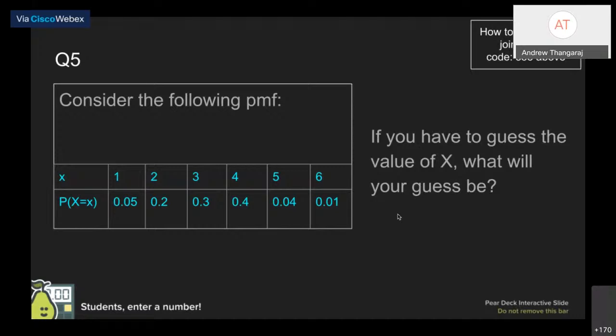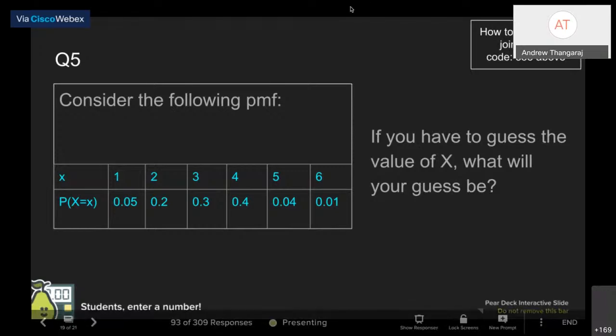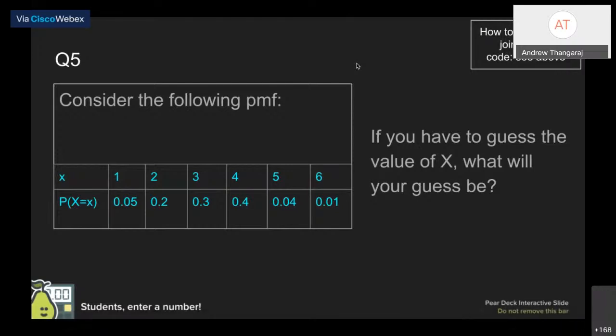Hopefully that answered the question. Of course, you're still learning basics. Please continue to learn the basics. Be motivated by these kind of questions, but make sure your basics are very strong.